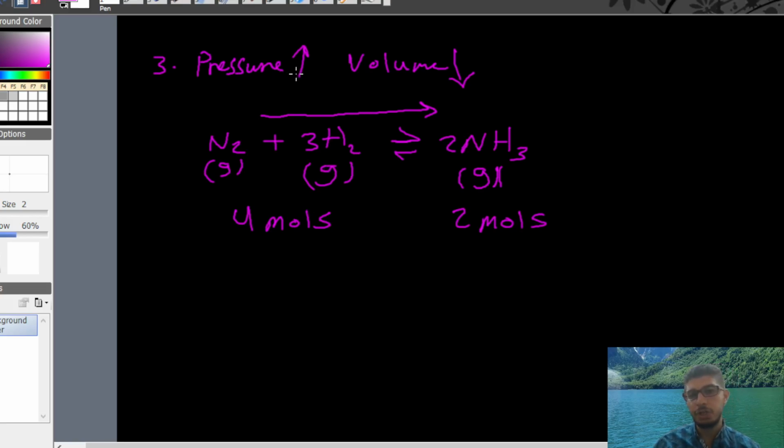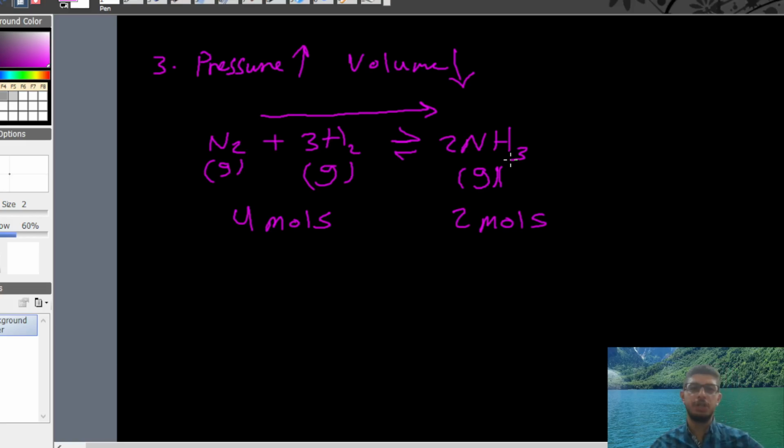If you increase the pressure, it's not favorable for the equilibrium to have more moles, right? It wants to maintain a certain pressure. If you increase the pressure, the reactants will combine together to give the components which have fewer moles, to decrease the effect of pressure.